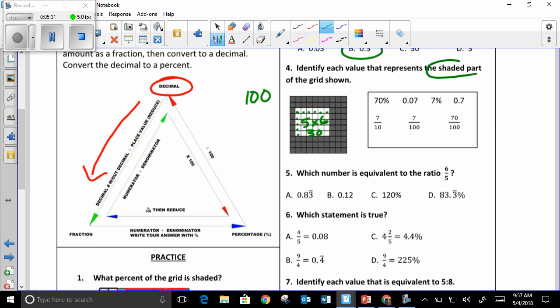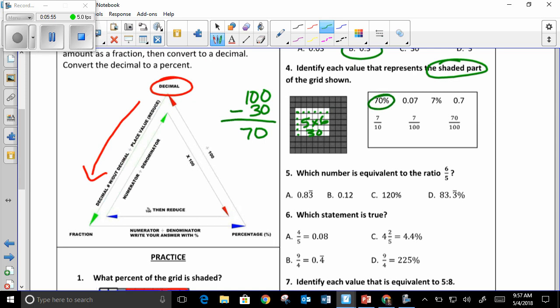They want to know the shaded part. So if 30 boxes are white, do I subtract 30 from 100? What do you get? All right, so now we have to look. This is 70% because it's out of 100. So we have to look and see what are all of the options here. We know it's 70%.